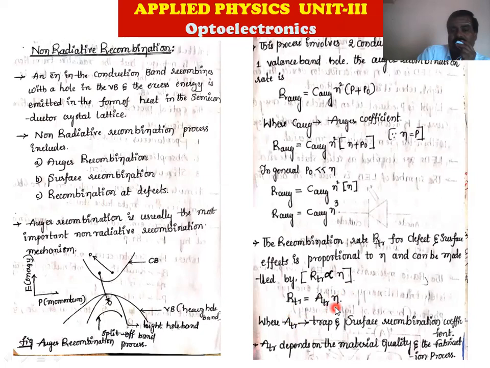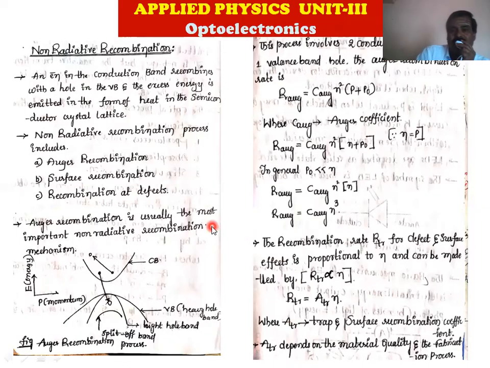R_tr = A_tr n, where A_tr is the trap and surface recombination coefficient. A_tr depends on the material's quality and the fabrication process.